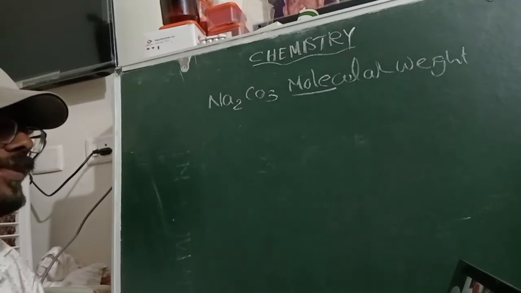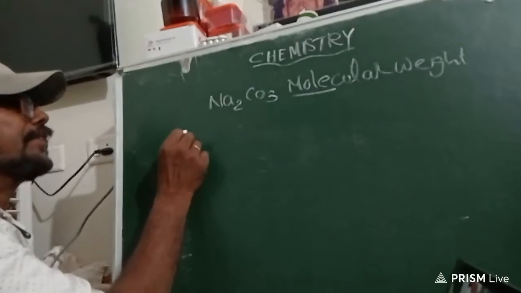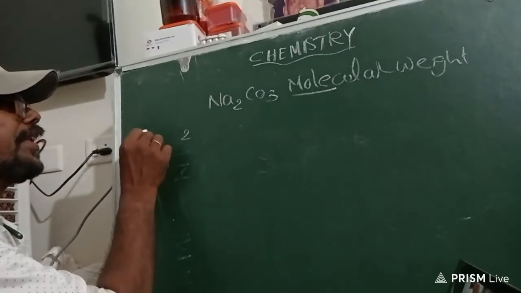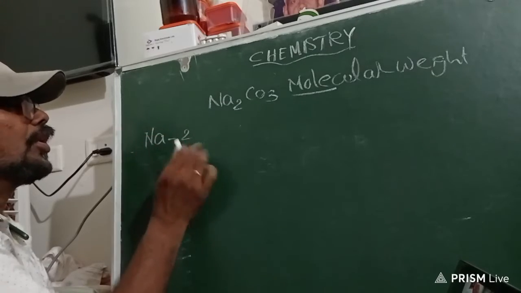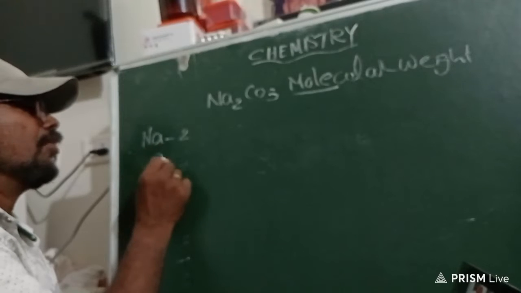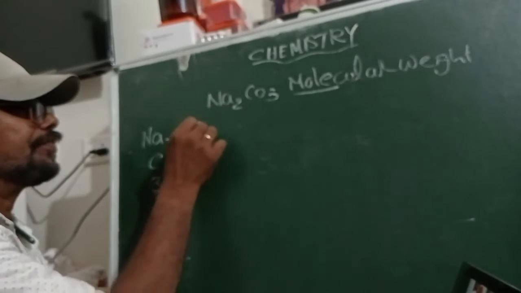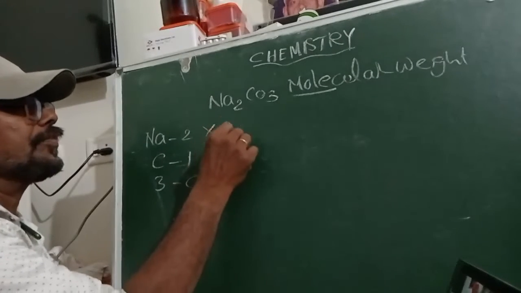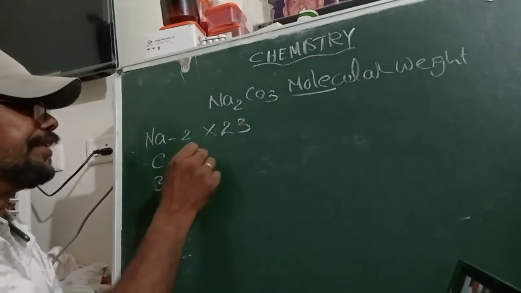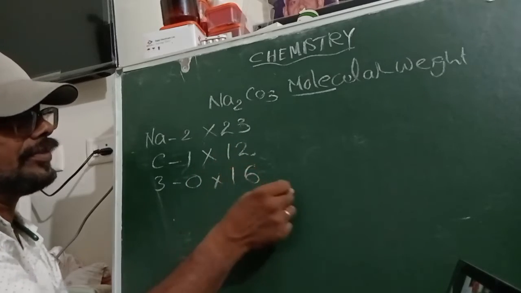I already told you. In sodium carbonate, 2 sodium atoms are there, 1 carbon atom is there and 3 oxygen atoms are there. Sodium atomic weight is 23, carbon 12, oxygen 16.